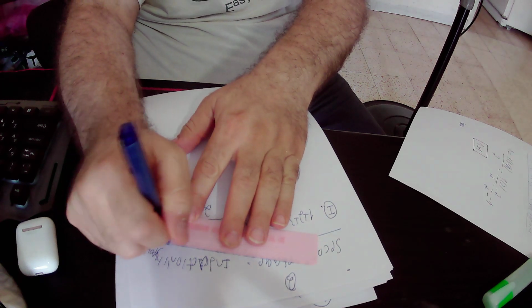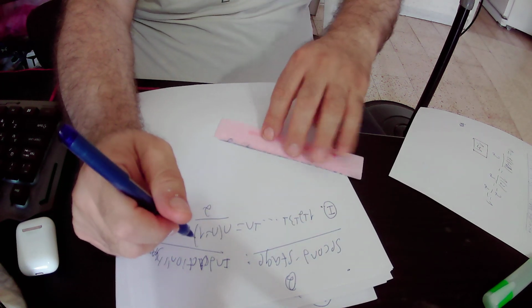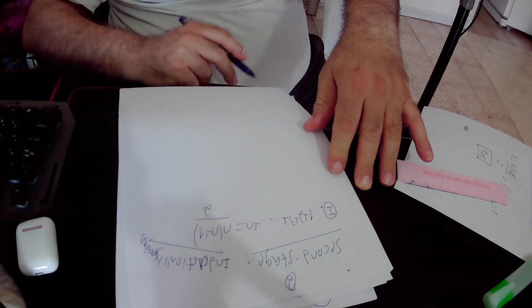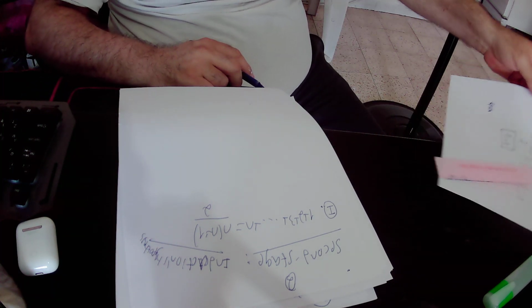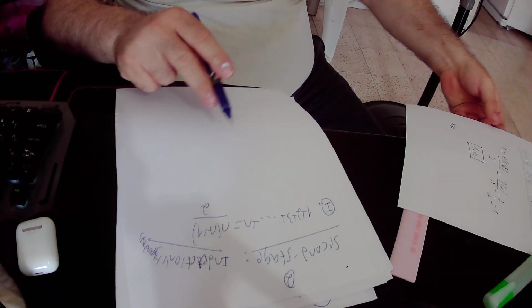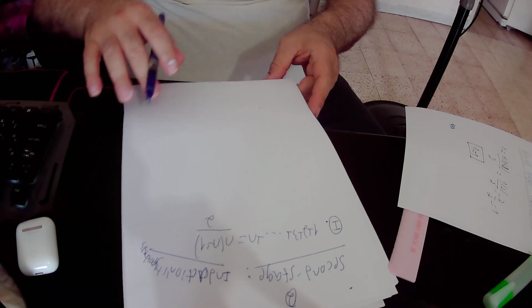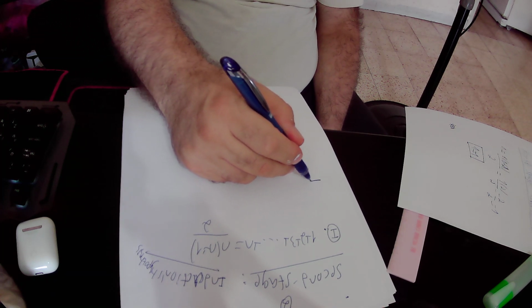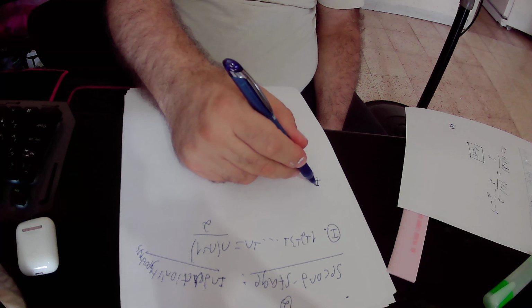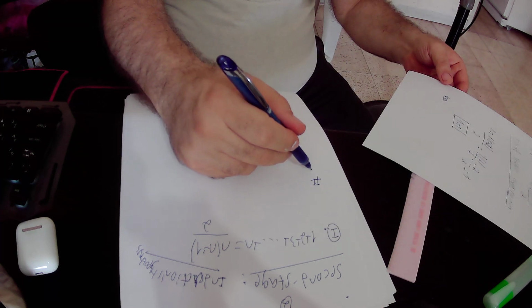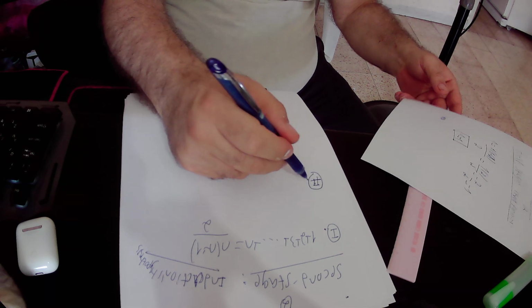Okay, so we assume that this statement is true for n, and so this is the first equation, and then we will have to prove that this statement is also true for n plus 1.